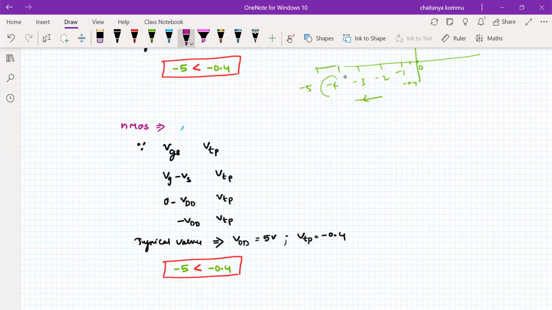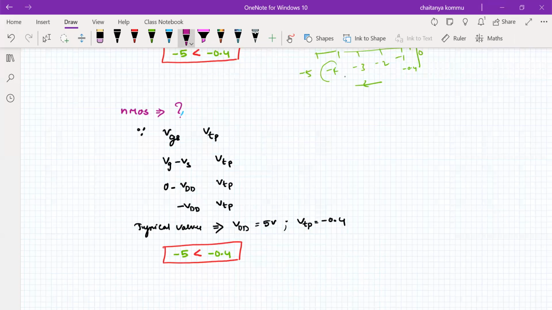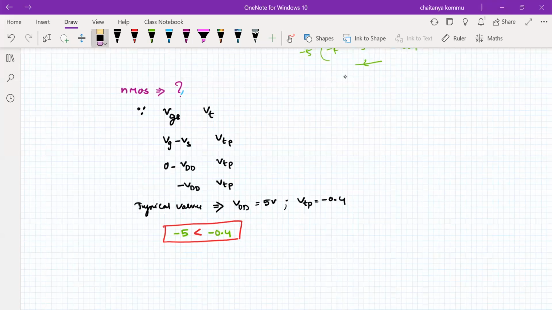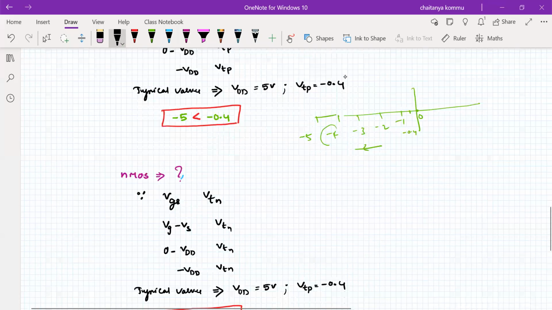For the NMOS, what is the operating condition here? Here also we have to consider VTN. What is the source for this one?